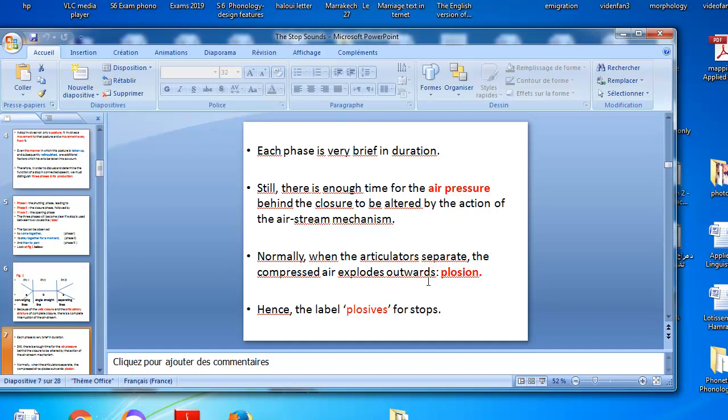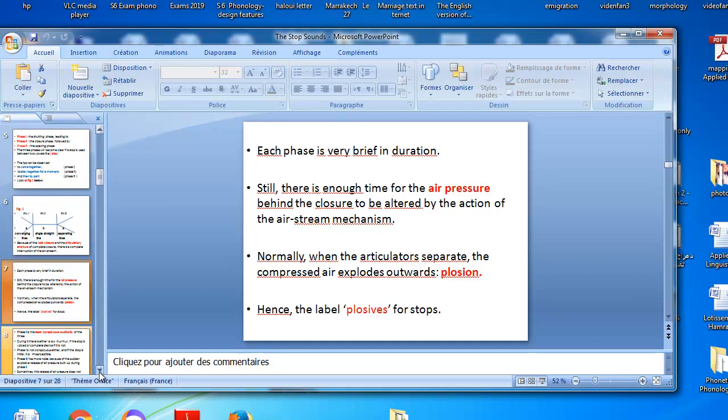For example, when you want to say b, at the end of the pronunciation of b, you need to release the air. This air which is released takes the shape of plosion. That's why stops which are produced in this way are called plosives. This is another label for stops.